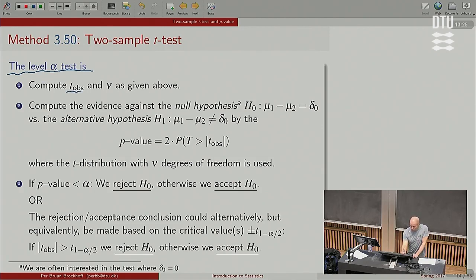You compute the t that I just showed you by computing the two means and two standard deviations, putting them into the formula, and comparing with the hypothesized difference. You find the p-value. Or you do the critical value stuff.